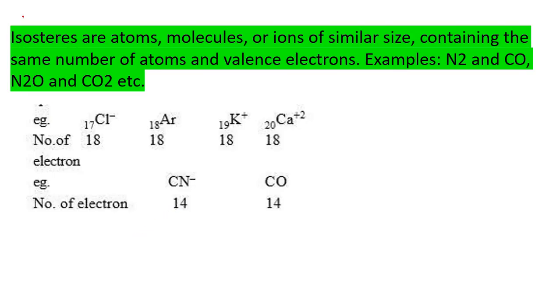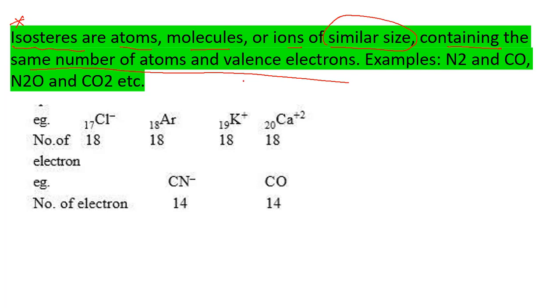Next, isosters, also called isosteres. So isosters are atoms, molecules or ions of similar size containing the same number of atoms and valence electrons.